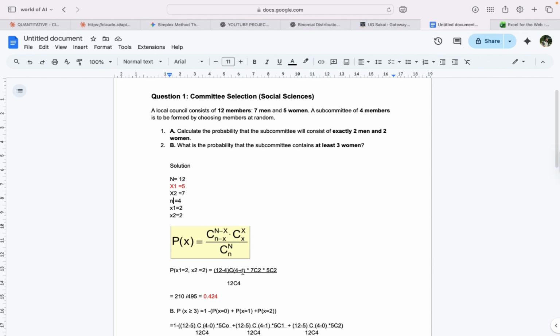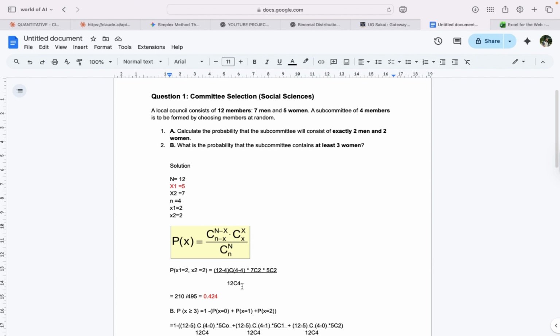So 4 minus 4, multiplying the 7 combination 2, which is the probability for men. We have 7 men, so 7 combination 2 means that 2 will be selected. Multiplying the 5 combination 2, which is the probability for women, which says that 2 of the 5 women will also be selected.